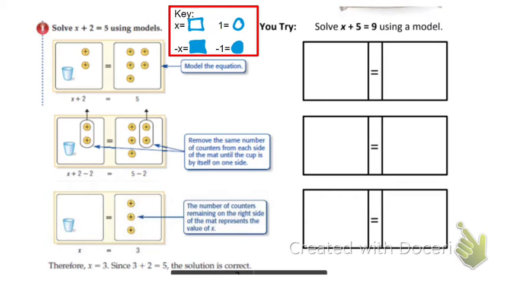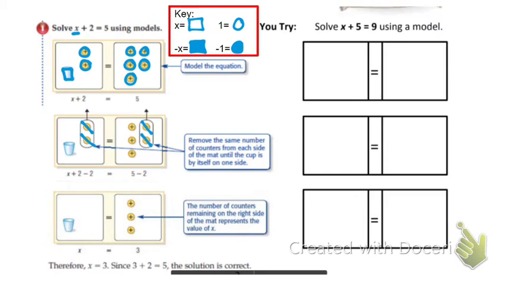So we are given an example. If you look at this example, it says x, so their x is their water cup, plus 2, so they put 2 positives in here. Equals, so on the other side, they have 5 positives. Then what they did was, kind of like the battles that we used to do, you have to get rid of the same amount on each side because they're the same. When they're the same, you get rid of them in equations.